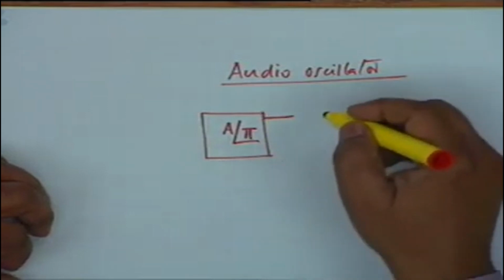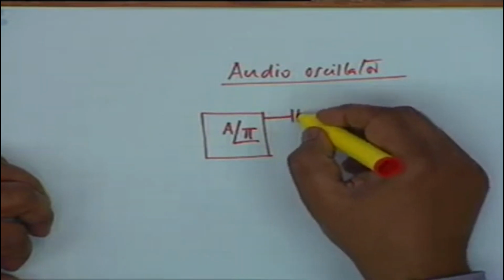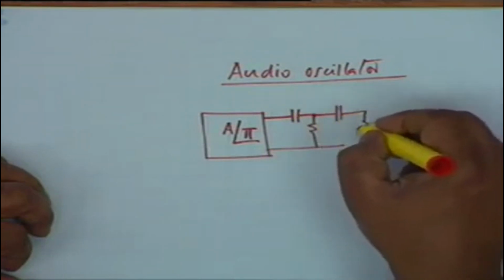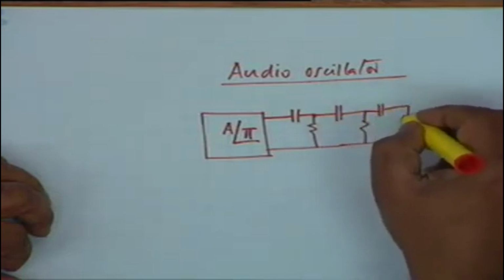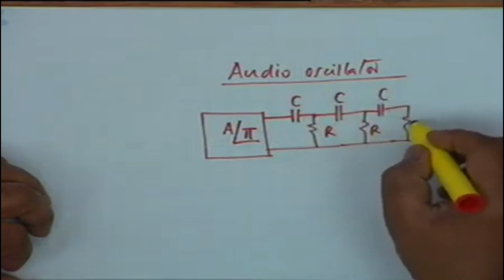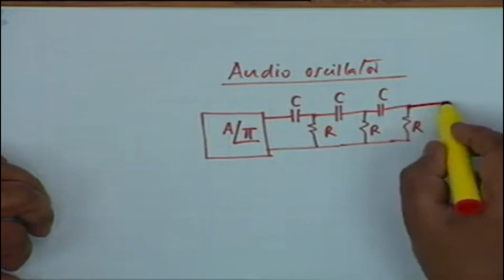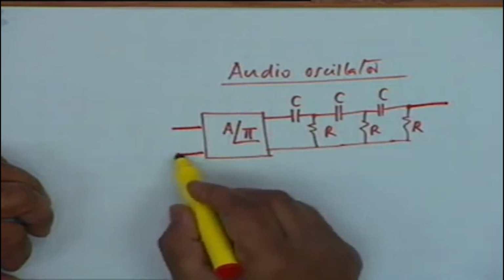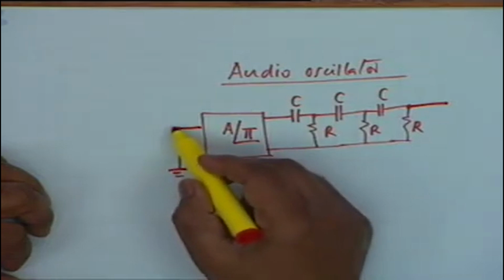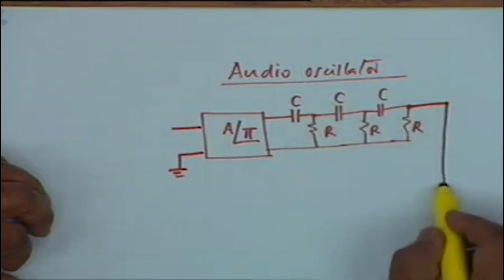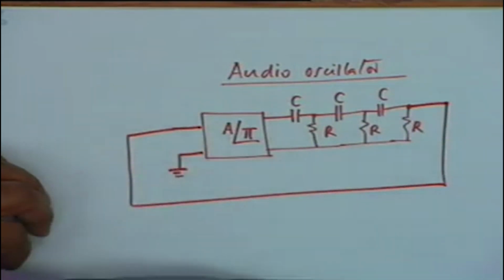If this circuit is connected to a circuit like this, 3 RC, 3 capacitors and 3 resistors, capital R, capital R, capital R, then it can be shown that if you feed back the output of this circuit to the input, then the circuit shall oscillate.